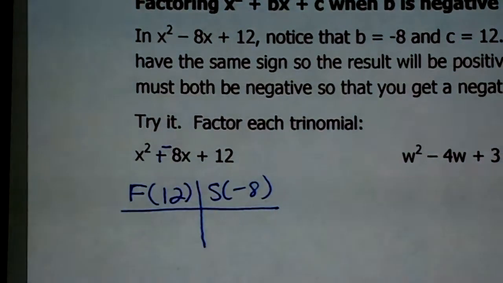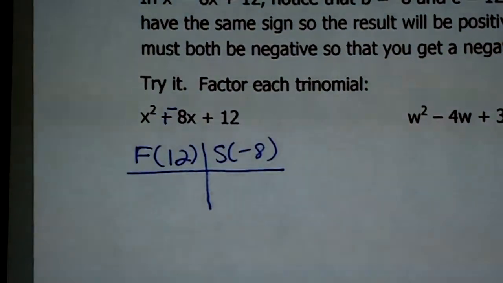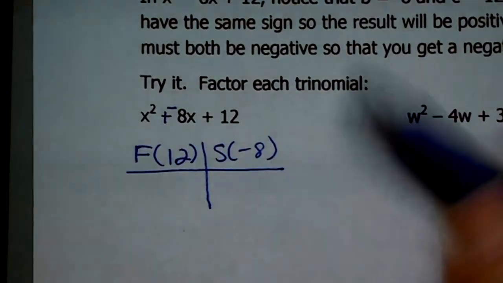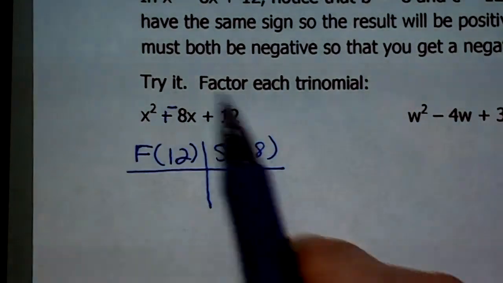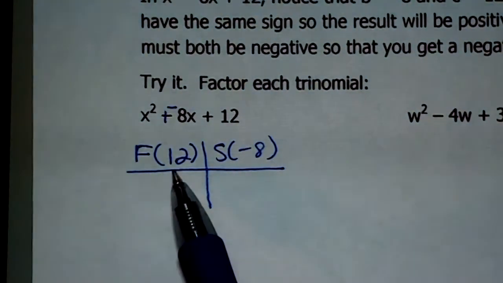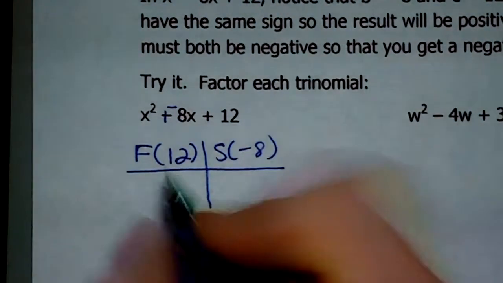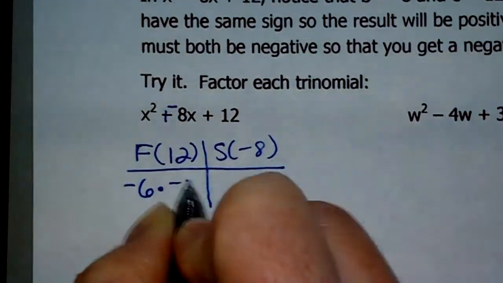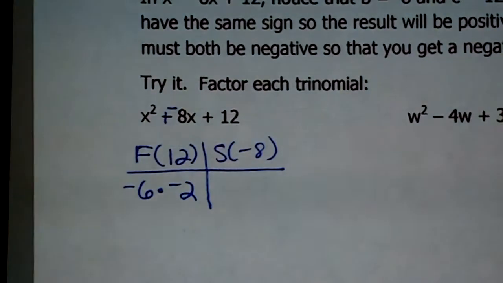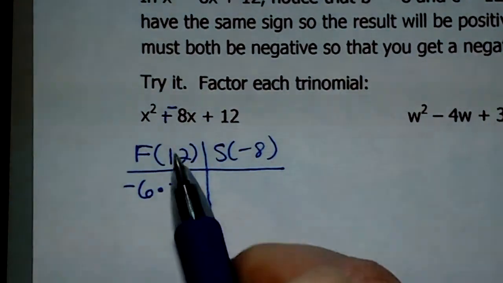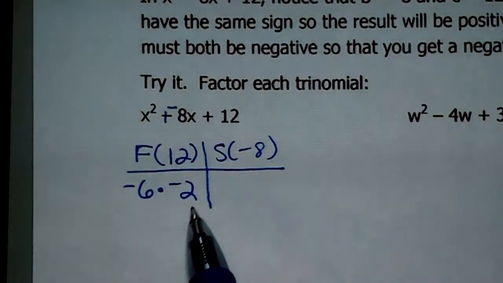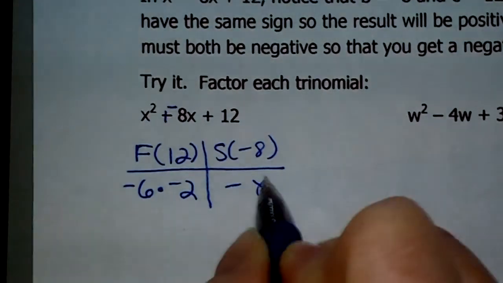Because a negative multiplied by another negative is a positive, and a negative plus a negative is a negative. So again, when you see that b is negative and c is positive, instead of saying, well, I know 6 times 2 is 12, we're going to put negatives with it. Because a negative 6 times negative 2 is positive 12, but negative 6 plus negative 2 is negative 8.